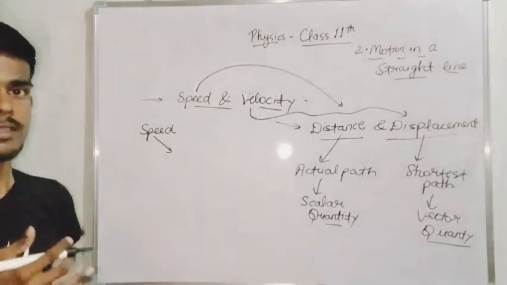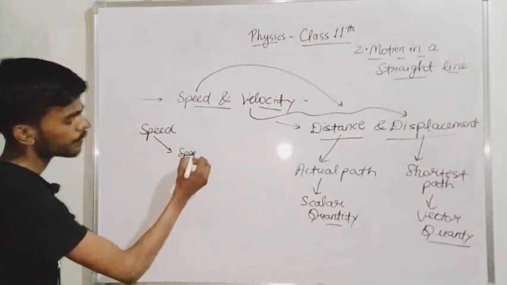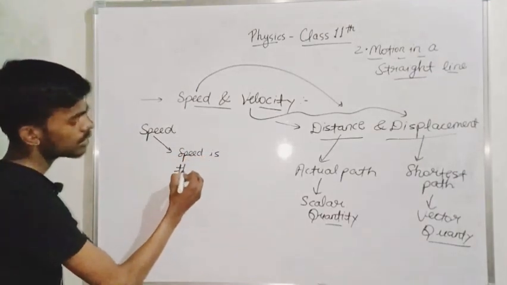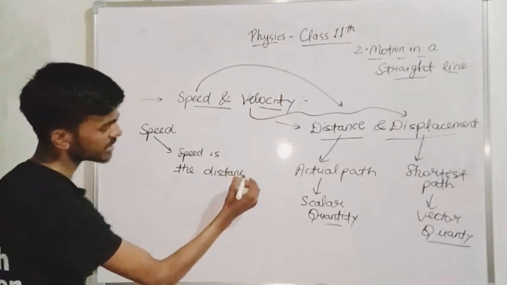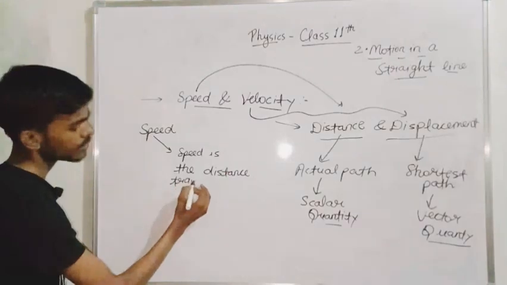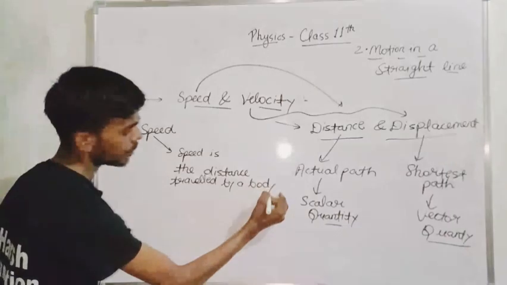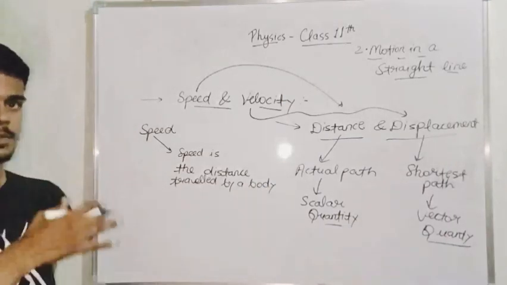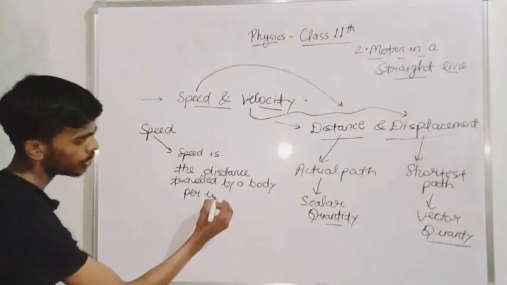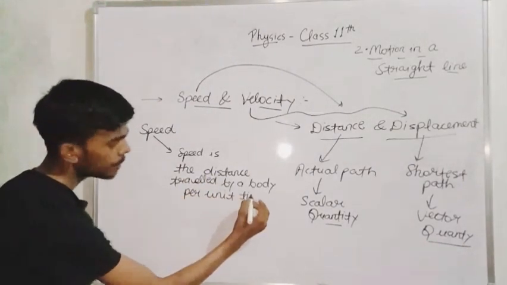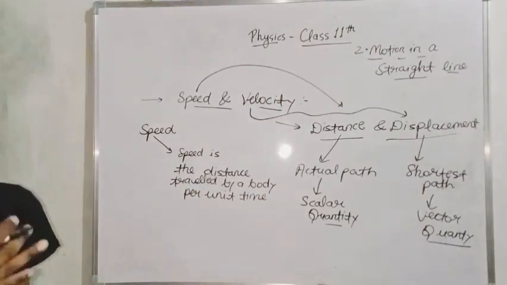what is the definition of speed? Speed is the distance traveled by a body per unit time, means per second, or for any unit we are using, per millisecond or per microsecond.